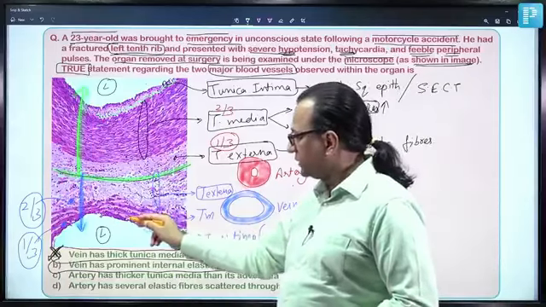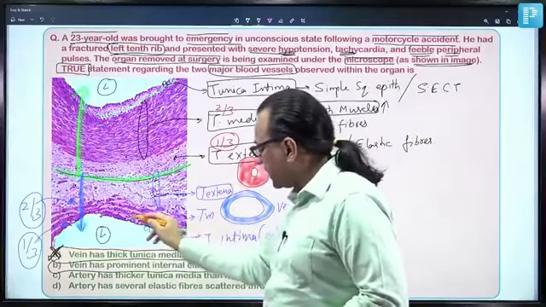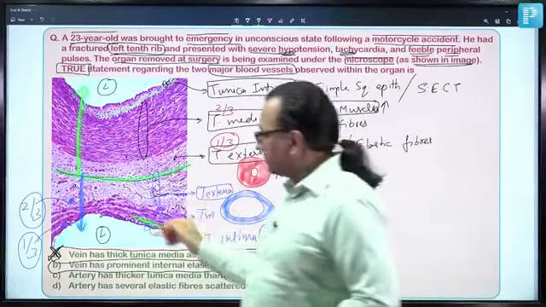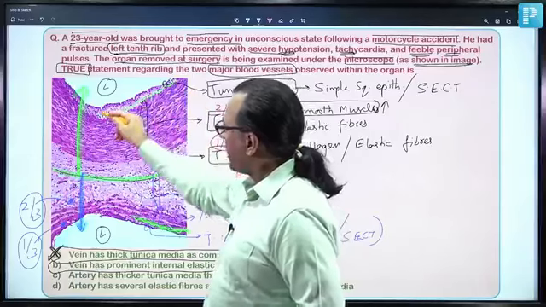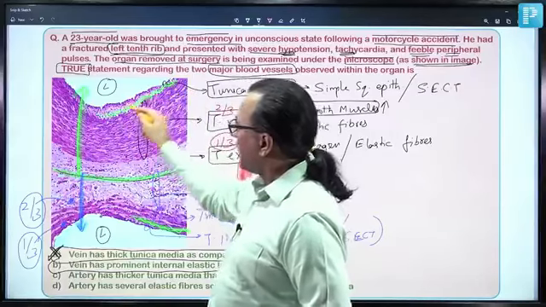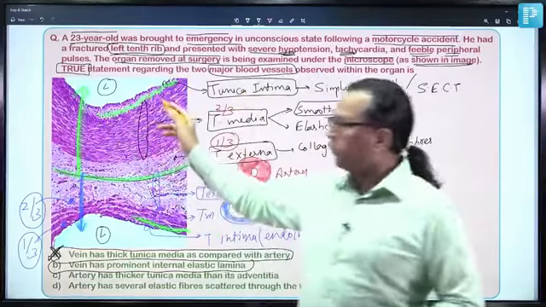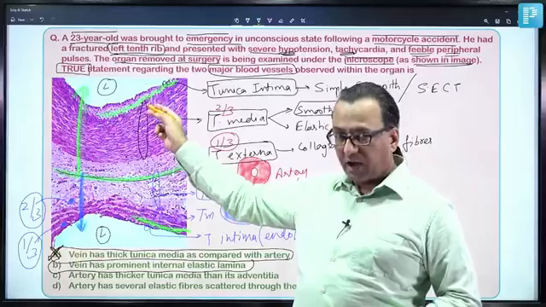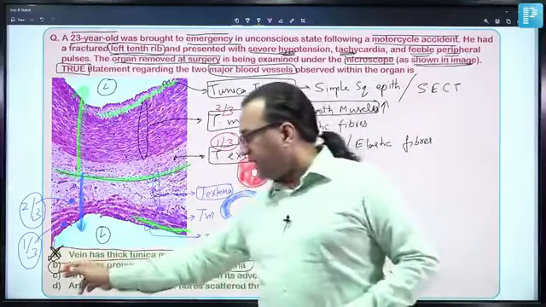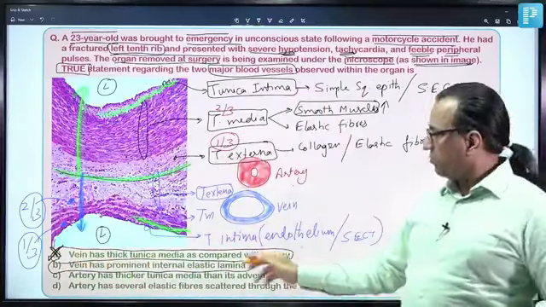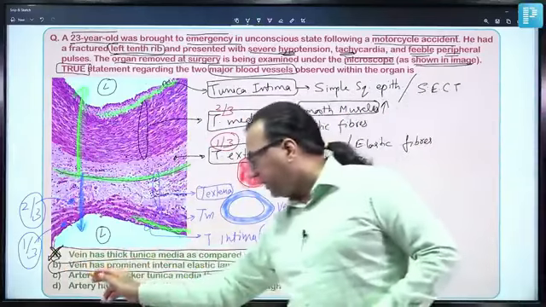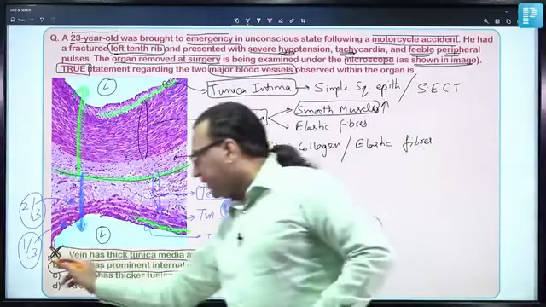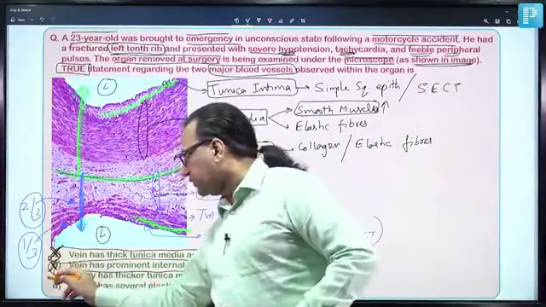So the point is, when it comes to internal elastic lamina, it is definitely present in a vein, but it is more prominent in an artery. We'll see a diagram, a magnified view, where you can clearly see internal elastic lamina, especially in an artery. So that means choice number B is also a wrong statement, because it is the artery which will have prominent internal elastic lamina.